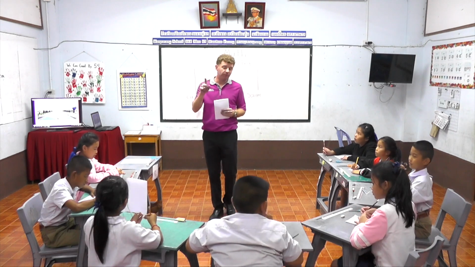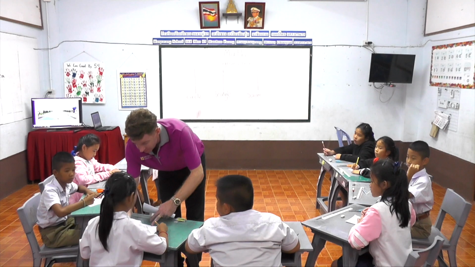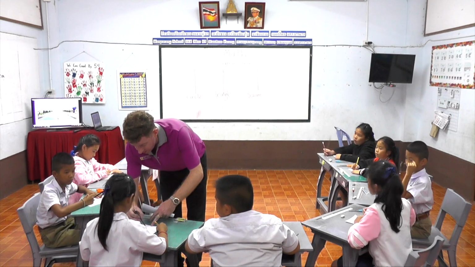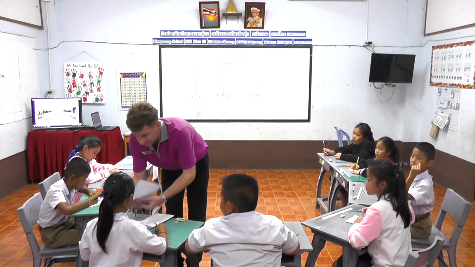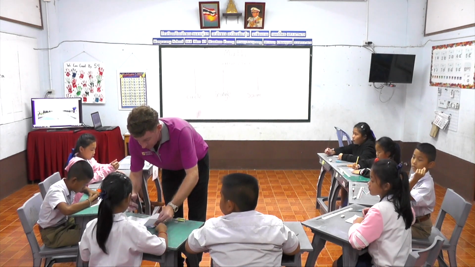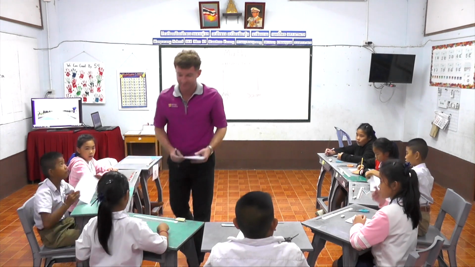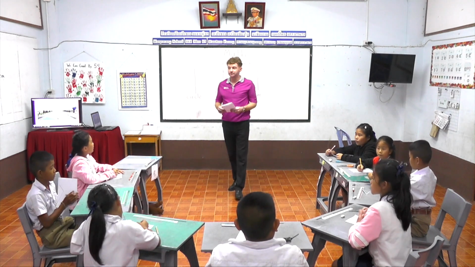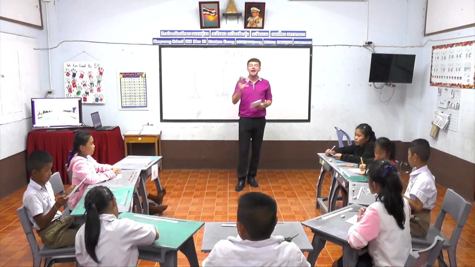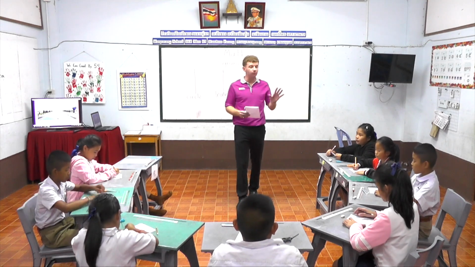Perfect. But think about symmetry. If you're going to draw a heart, you only need half the heart, because when you cut and open up, the other half will be here. Okay? Flower, butterfly, anything you wish. You can do any shape that you like. It's up to you.